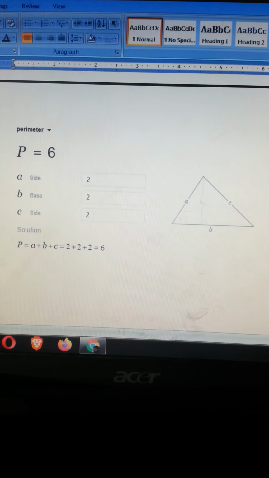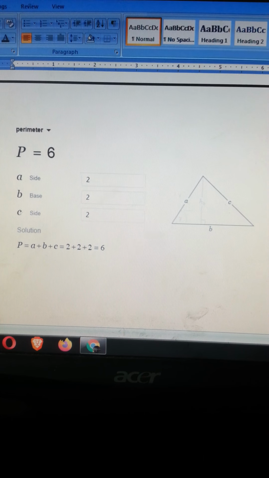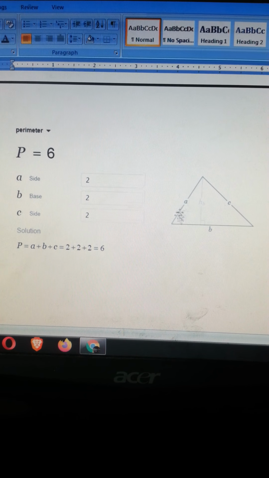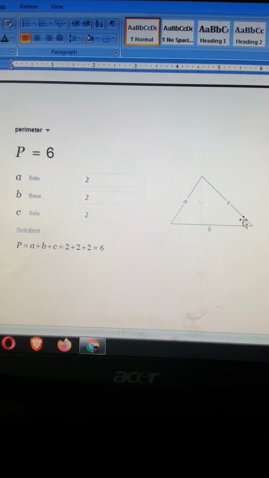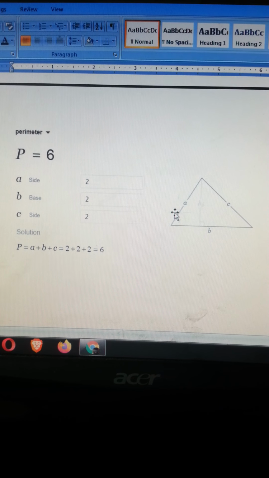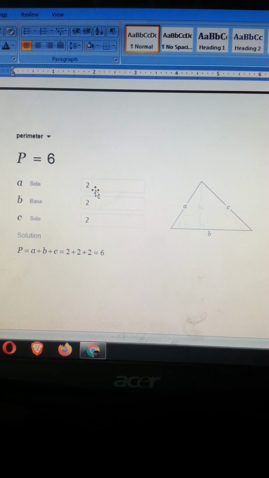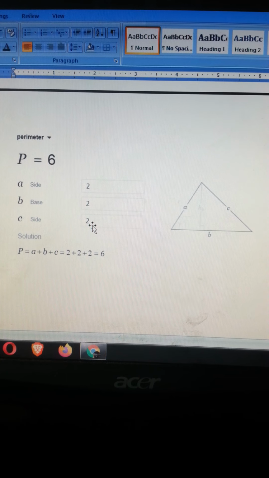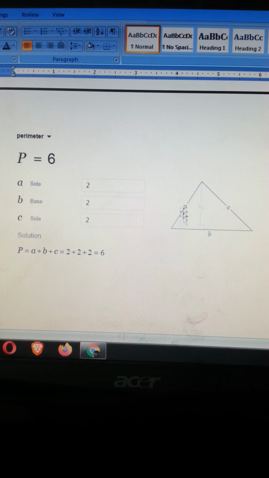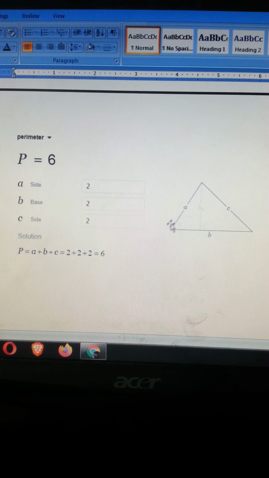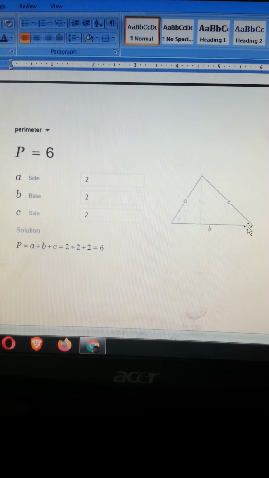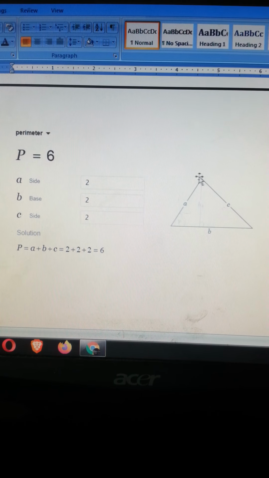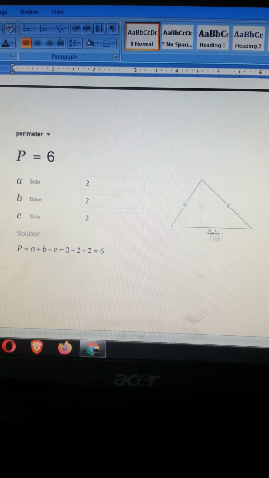Same goes for the perimeter of a triangle. What have we been given over here? We have been given a triangle. So you can see that side A is 2, B is 2, and C is 2. They have given us very easy values over here. So simply we are going to add them all. That's the perimeter thing. We have to simply add the outer numbers or the boundary to get the perimeter.